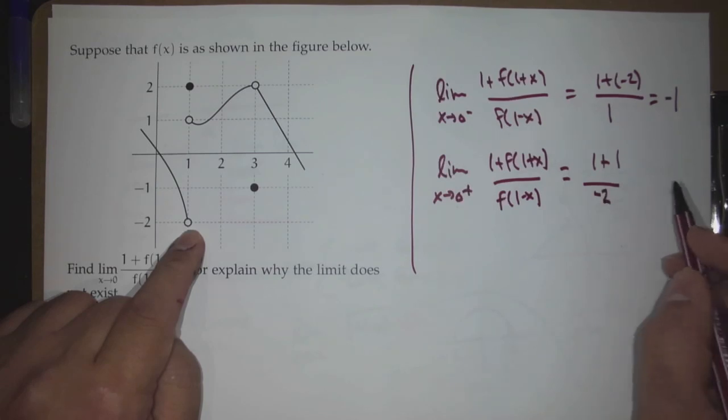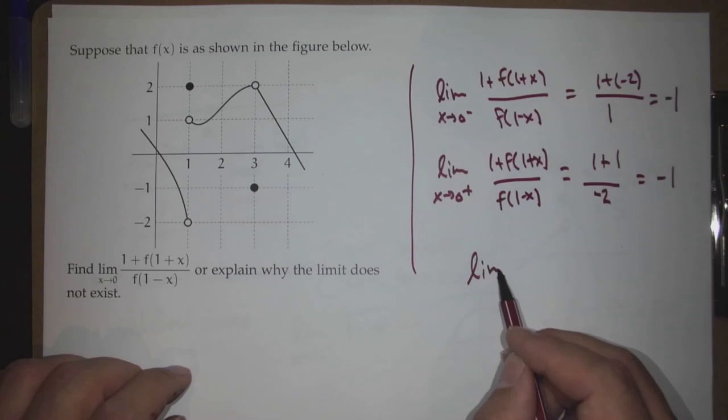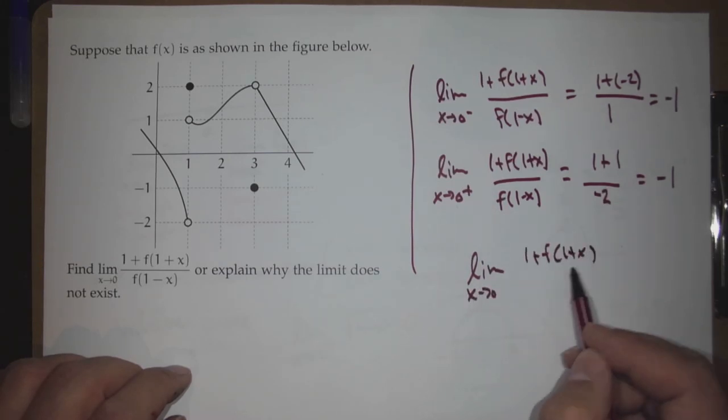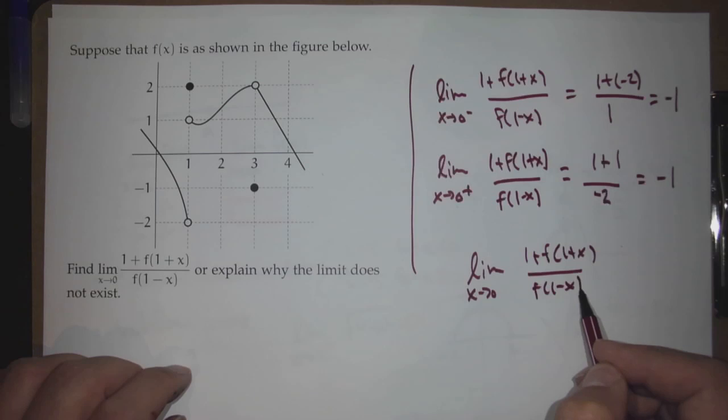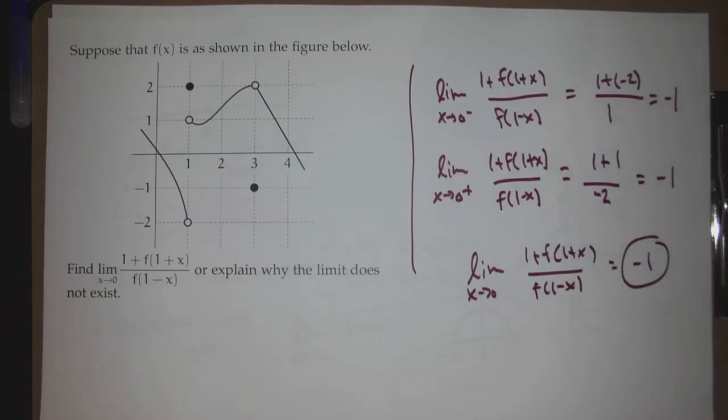Negative 2. 1 plus 1 over negative 2? Negative 1. So, what's the conclusion about the limit as x goes to 0 of 1 plus f of 1 plus x over f of 1 minus x? The answer? Negative 1, because they match. And if they match, then that's the answer.